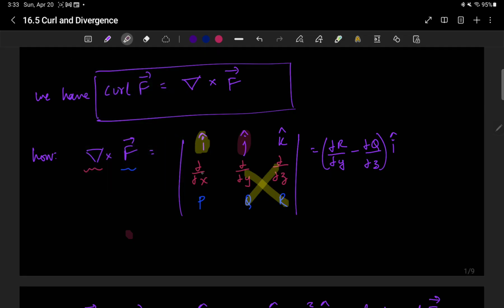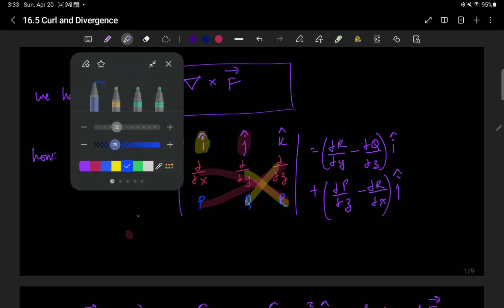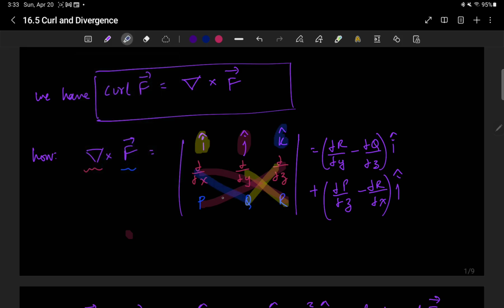So j cap would be this and this, which would make it minus, replacing the plus, del P over del z minus del R over del x, j cap.